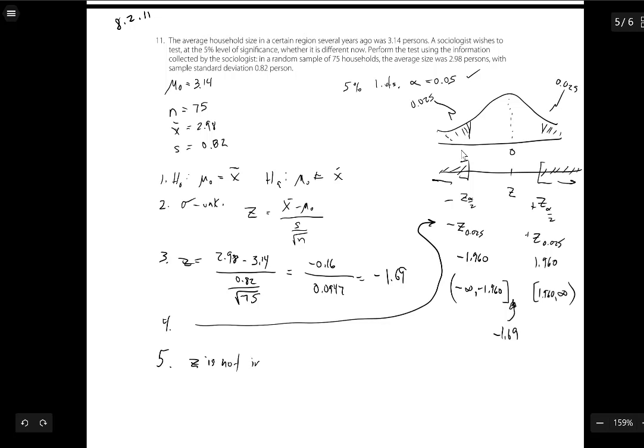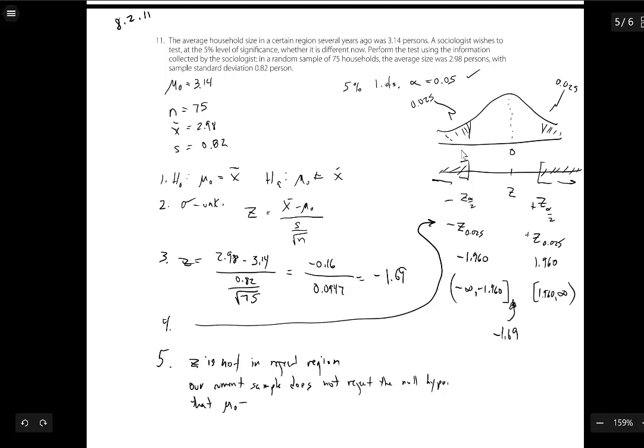So therefore, our current sample does not reject the null hypothesis that the means are different, so mu naught being equal to x bar.